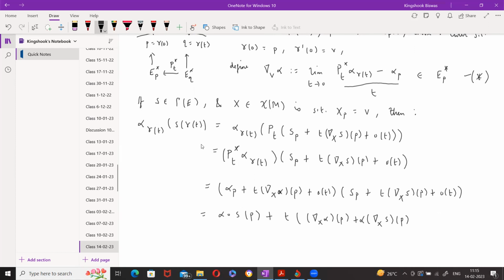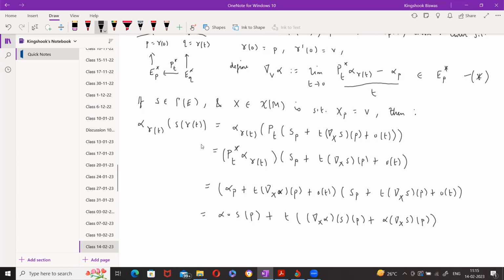That will give me two terms in t. I'll get nabla X alpha acting on S, times t, at P. And similarly, I'll get alpha acting on t nabla X S at P. That will give me another term in t, so I get two terms in t.